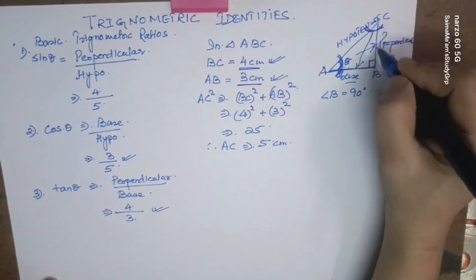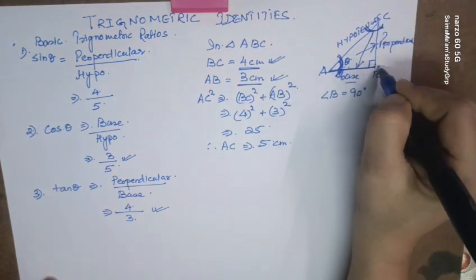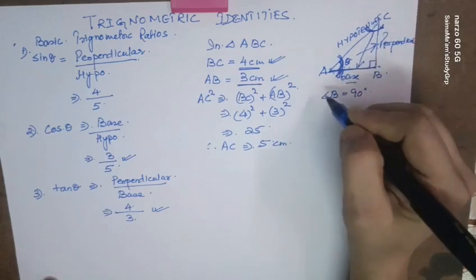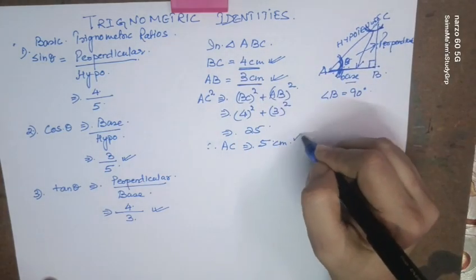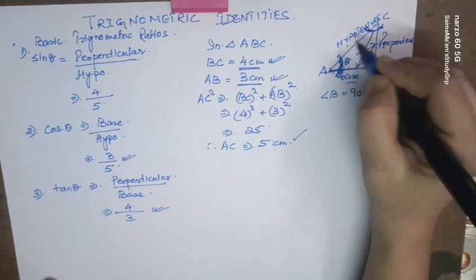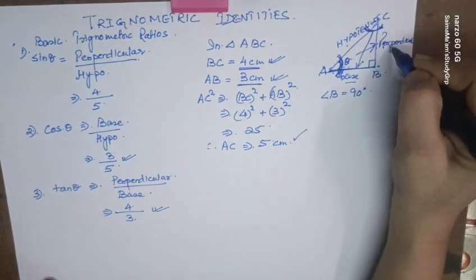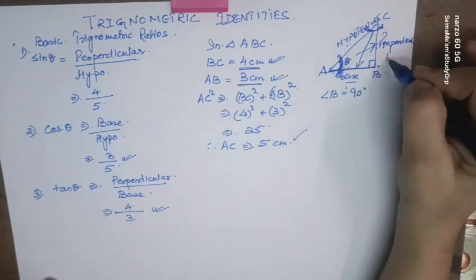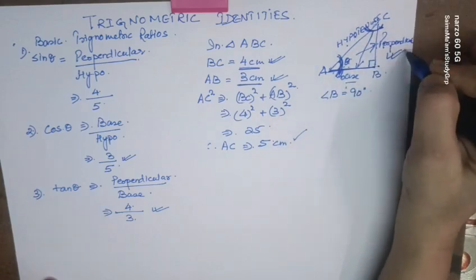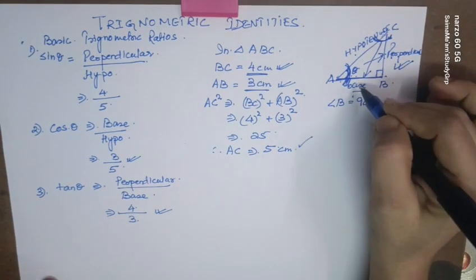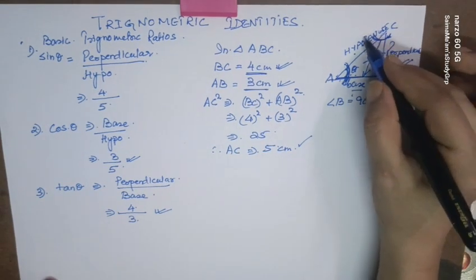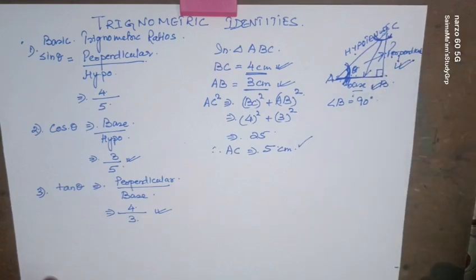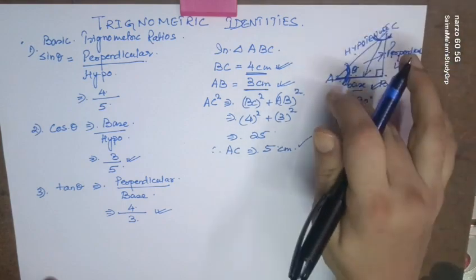With the help of Pythagoras theorem, you calculate the value of hypotenuse. If perpendicular is not given, then with the help of hypotenuse and base, you calculate the perpendicular. If base is not given, then with the help of hypotenuse and perpendicular, you can calculate the base. Okay, so these are the basic things.